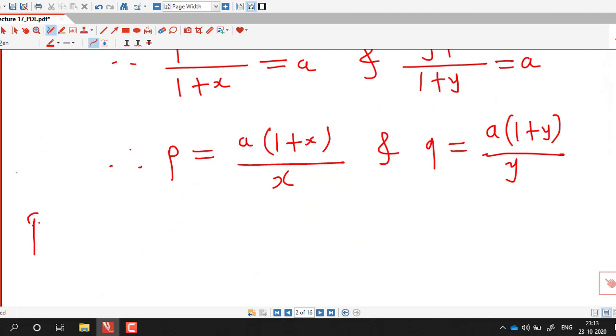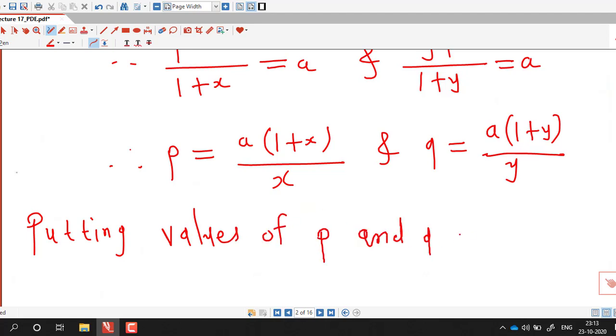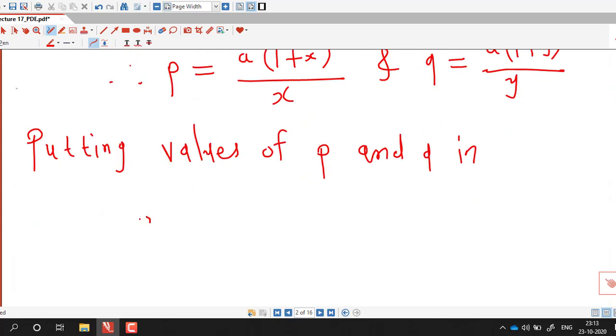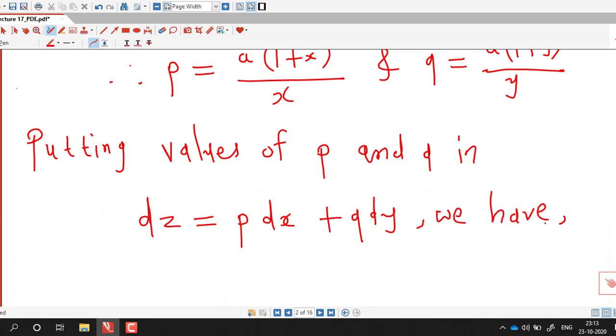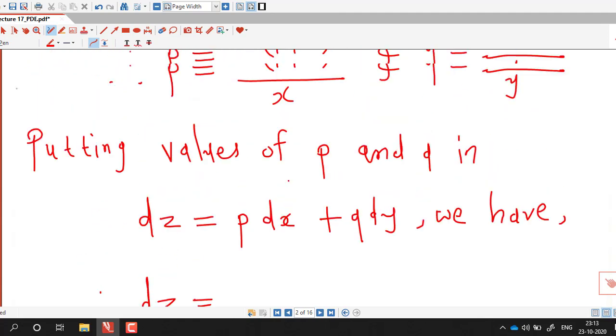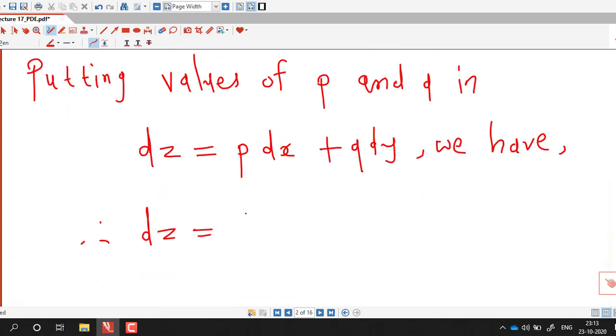So now we put the values of P and Q. Putting the values of P and Q in dz equal to P dx plus Q dy, we have P equals A times (1 plus x) by x.